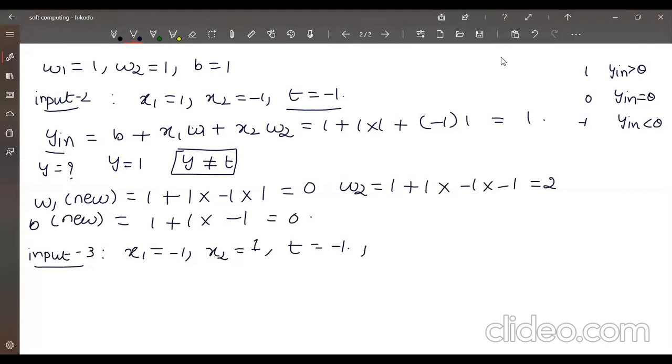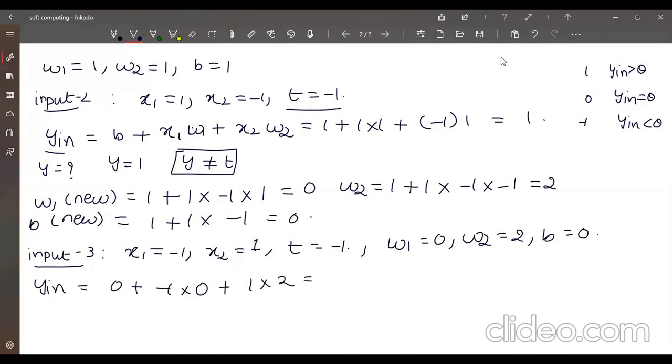Now, after the second input, we have got the new weights, right? So our W1 is equal to 0 and W2 is equal to 2 and bias is equal to 0. So let's find the input value. Bias value 0 plus x1 minus 1 into w1, 0, plus x2, 1, into w2, 2.